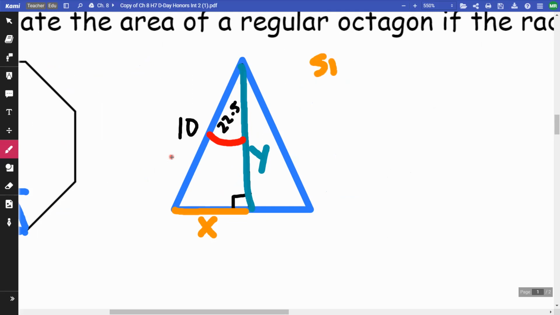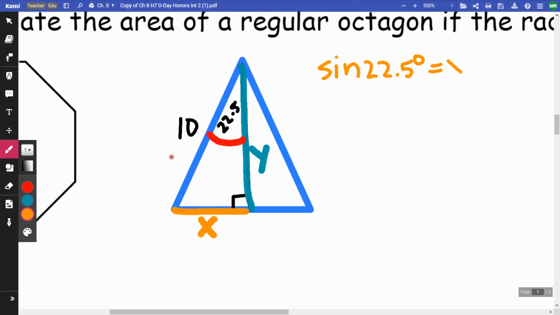So sine of 22.5 degrees is equal to x over 10.